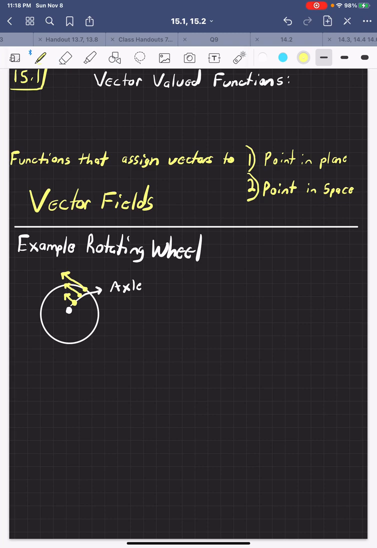Now, what's interesting is to notice what information we can obtain from this vector field. For example, we can clearly see the difference in the velocities closer to the axle versus further away.